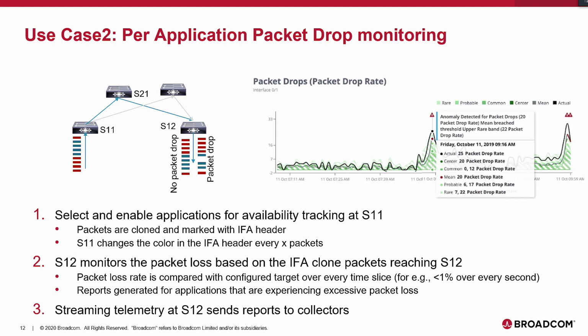But how do we do that? It's because we have state in the chip. Let's say I have 100 applications running. For these 100 applications, I'm going to mark the packets red and blue, and then I change this marking every 1,000 packets. In this particular example, every 4 packets. Usually we do 1,000.